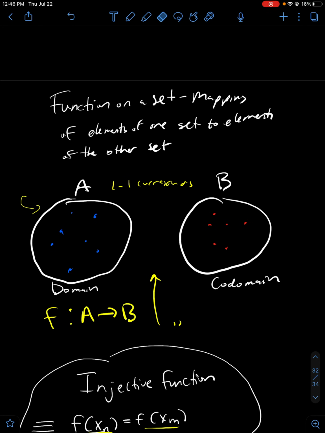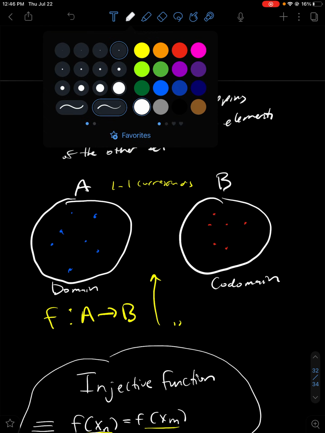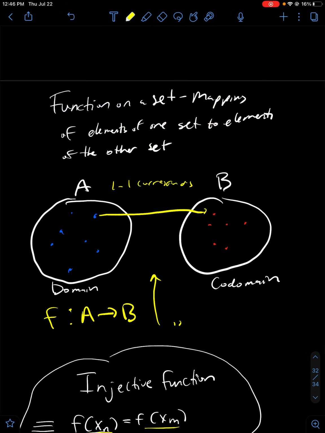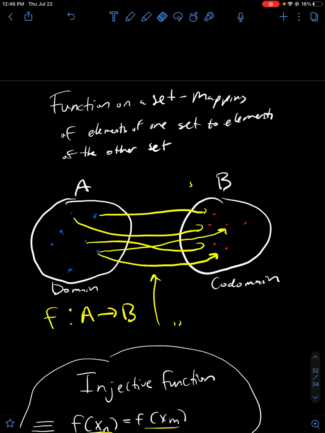Here I have some function. It assigns this to this, this to this, this to this, this to this, and this one point to another point. This function is not surjective, because there are some elements of the domain that don't have any map. The function isn't defined for those points.